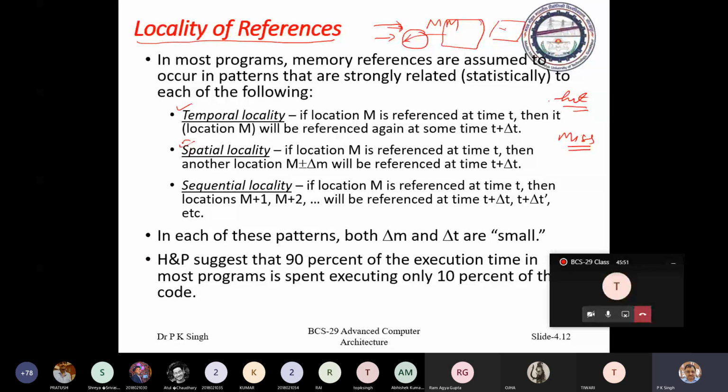Actually, sequential locality is a specialized type of spatial locality. What does temporal locality say? If a reference is generated at time t, then it may be possible that it is again needed at time t plus delta t, as in the case of loops.